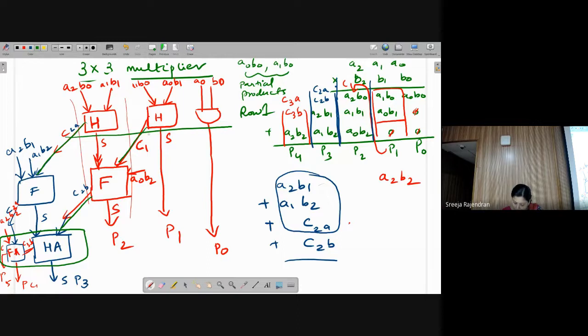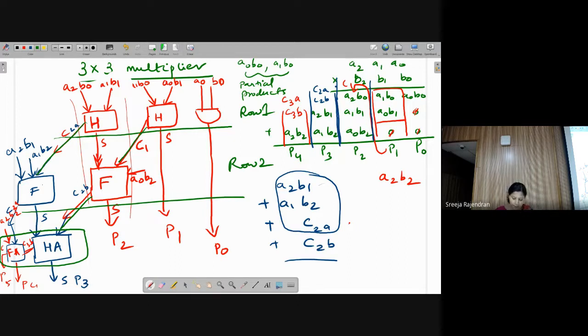Same way, if I look at this stage, row 2, each of the full adders works independently, because each has to work depending on the carry propagating from the previous row. Yes or no?